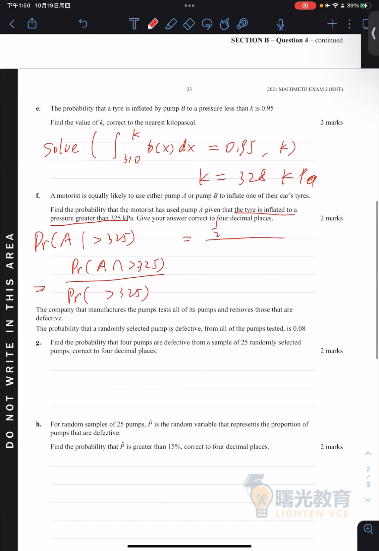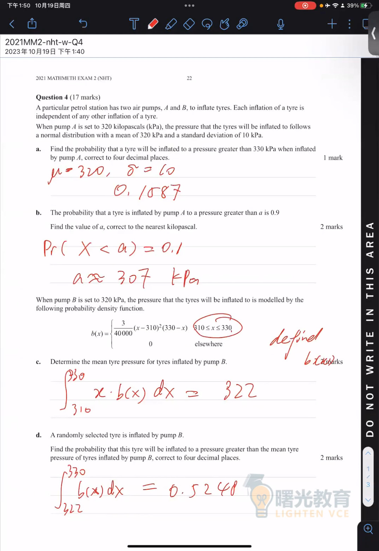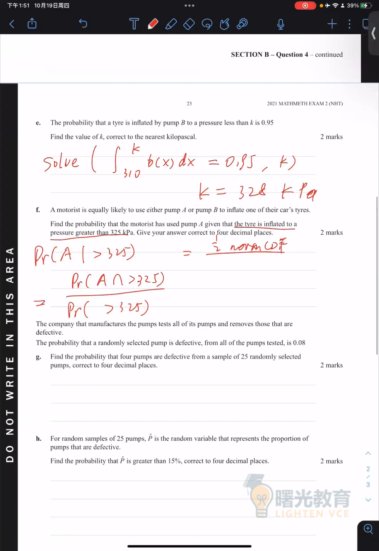So you're going to do the normal CDF. And you can trace your answer at the beginning, all right? It is a normal distribution, mean 320, and the standard deviation 10. And you can find out what is the probability that the inflation is greater than 325, okay? And then for the bottom, first thing first is the A multiplied with the normal CDF.